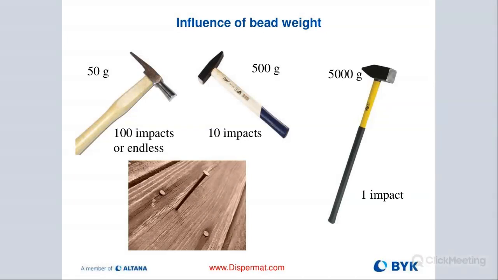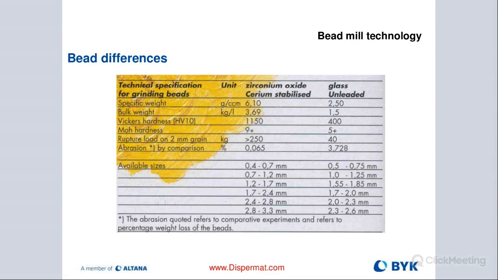So it really is about selecting the correct diameter or bead size to properly disperse or mill our material. It's kind of the same thing in the milling process, so we always want to get beads that are heavier. That means we have more kinetic energy, and that will give us more milling action and more efficient milling action.